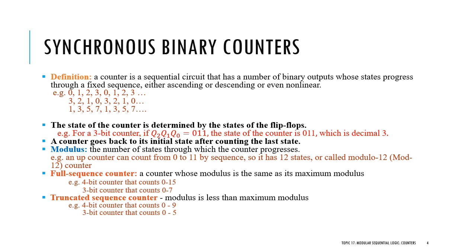And you can even think of some weird pattern like 1, 5, 12, 1, 5, 12. As long as it follows the fixed pattern, we take it as a counter. So this is still a counter.